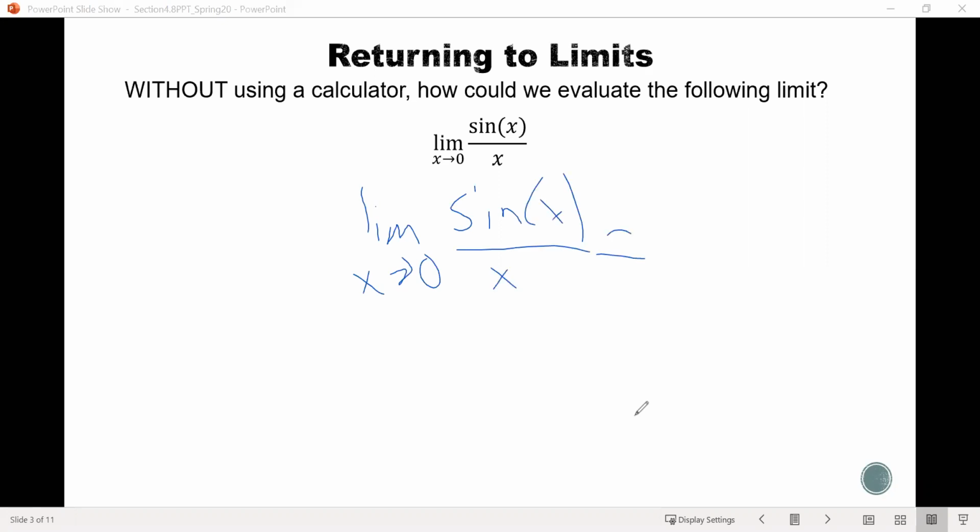One thing we could try here is to plug in 0 into both the function in the numerator and the function in the denominator, because it's in the domain of both of those. But notice when we do that, first of all, we get 0 in the denominator, which we already know is a problem. And then what is sine of 0 equal to?